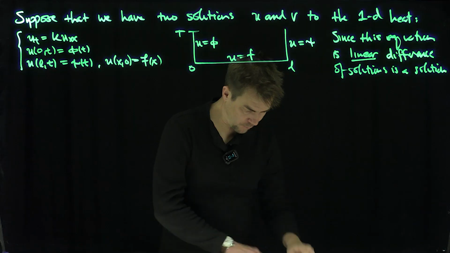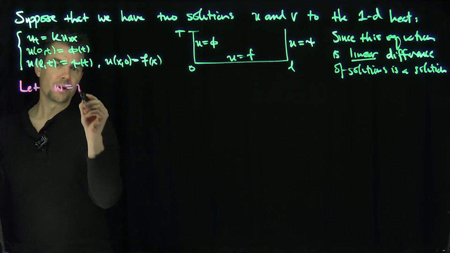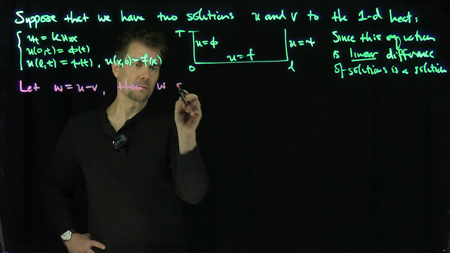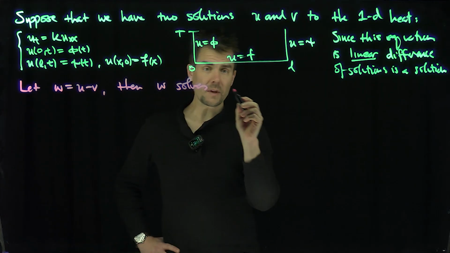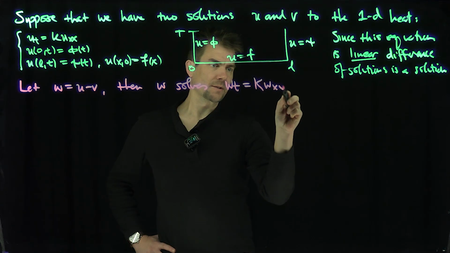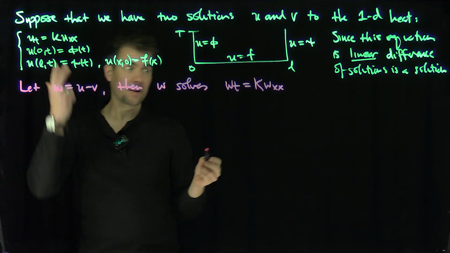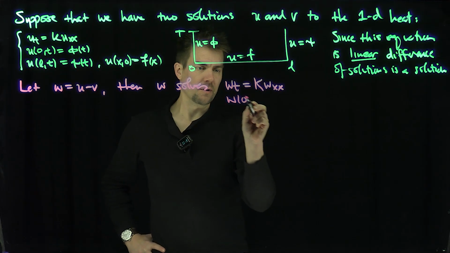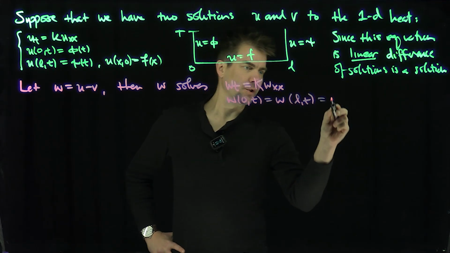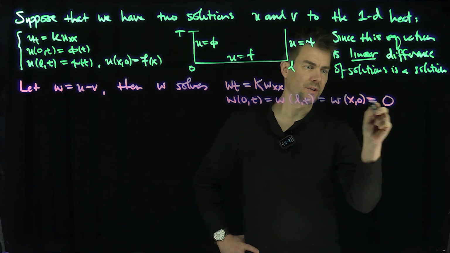So if I let w be u minus v, then w solves w_t equal to k w_xx with what boundary conditions? Well, of course, phi minus phi is just going to be 0. So w(0,t) is equal to w(L,t) is equal to w(x,0), and all those values are equal to 0.